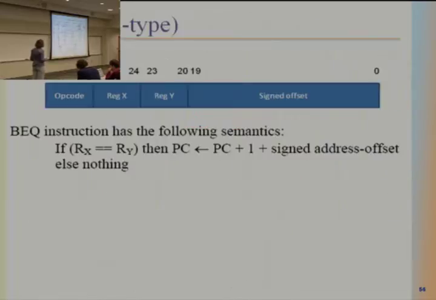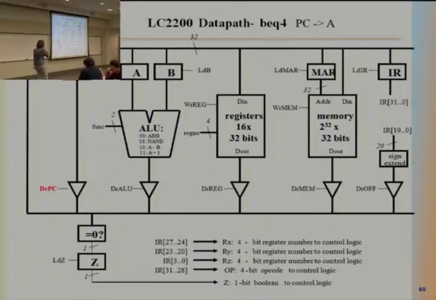What do we need to do? If you remember here, we need to store in PC, PC plus 1 plus signed address offset. So the first step is what? Drive the PC on the bus and store it into A or B, doesn't really matter.